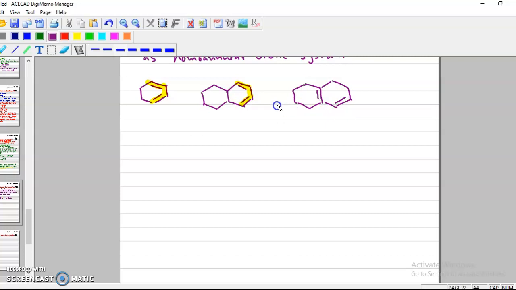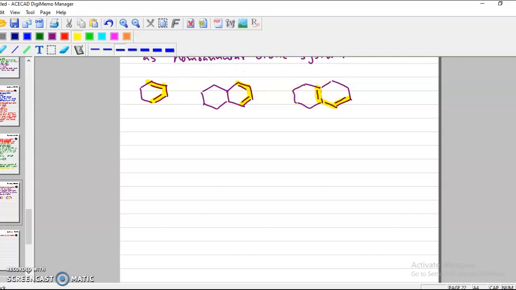Suppose one double bond is here, another is here. In the beginning, you may feel this double bond, which is over here, is not in the right side ring, but it is not true. In fact, this is a common wall shared by both rings.